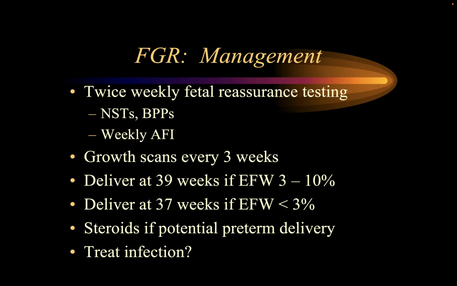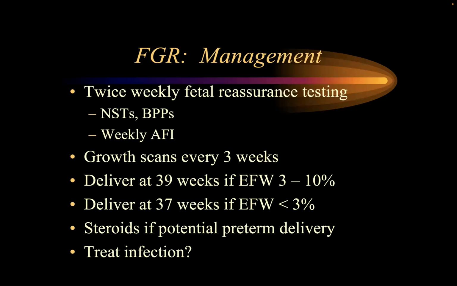It's important to look at the amniotic fluid volume once a week because there's a strong association with oligohydramnios. We scan them again about every 3 weeks. It takes almost that much amount of time before you can meaningfully interpret changes in fetal measurements.